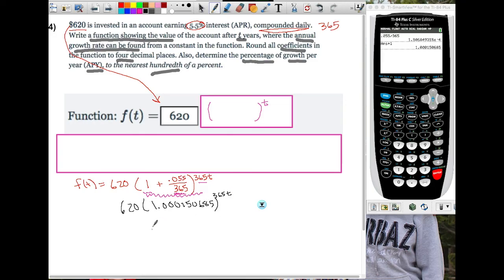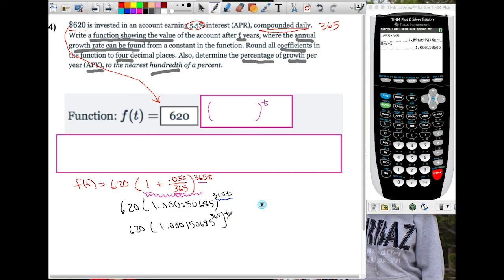What I can do here is I can simplify this to make this look like this: 1.000150685 to the 365 power to the t. I can break this up right here, and this is important to do.